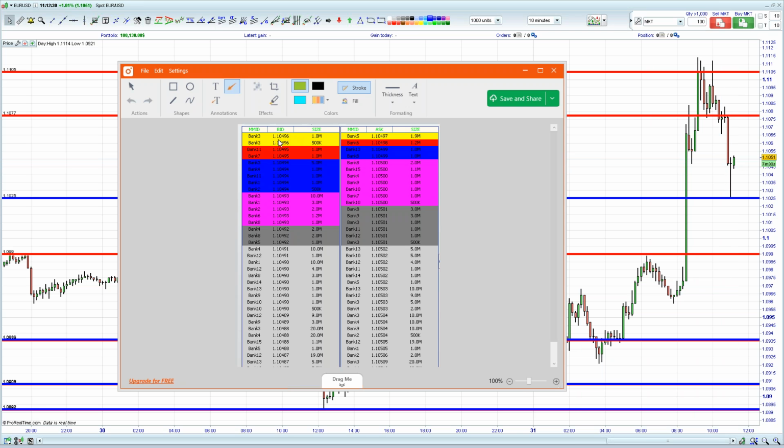They're looking to go long at 49, right? So at 49.6, we only have 1.5 million available on the sell side. So if someone wants to go short at 50, there's only 1.5 million available.